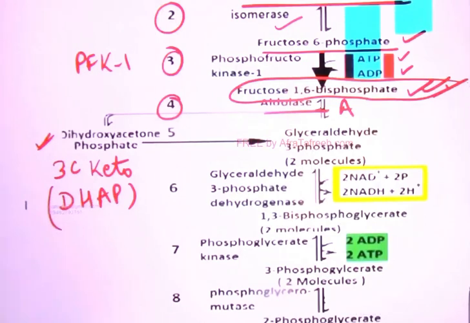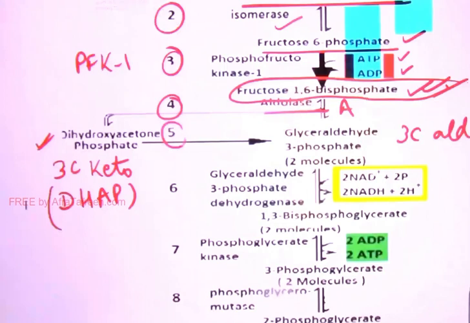Later I'll be using the short forms. On the other hand, the 3-carbon aldehyde is glyceraldehyde 3-phosphate, also given one phosphate. So now we have DHAP and glyceraldehyde 3-phosphate as the end products of step 4.